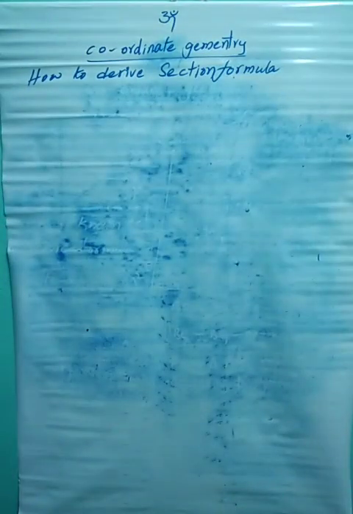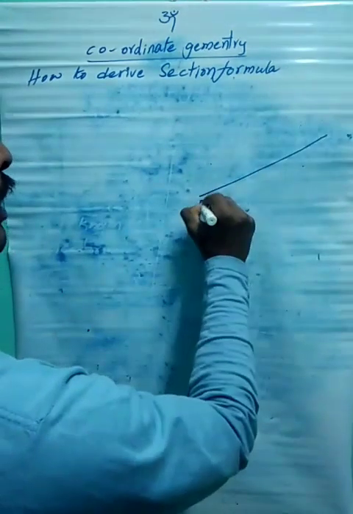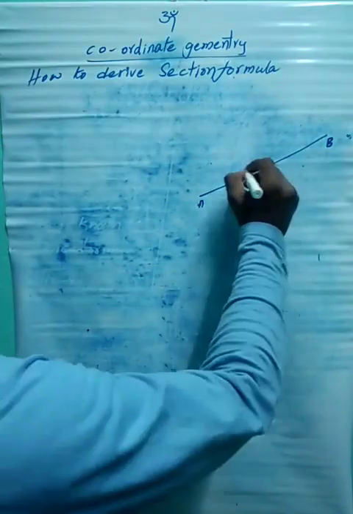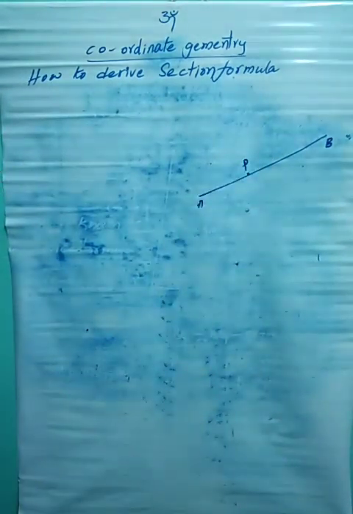Right. The section formula is used, for example, when a telephone company wants to position a relay tower between two towns. The towns are A and B. The tower is positioned between them at some distance.